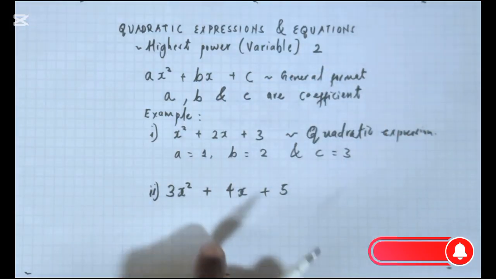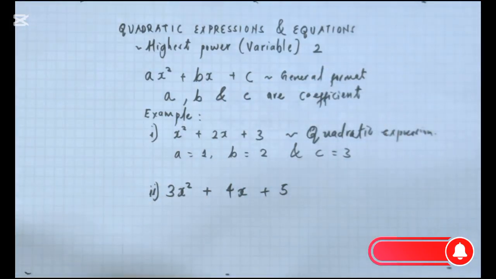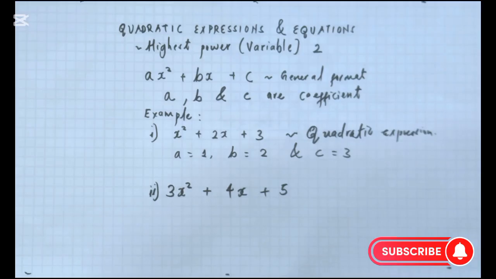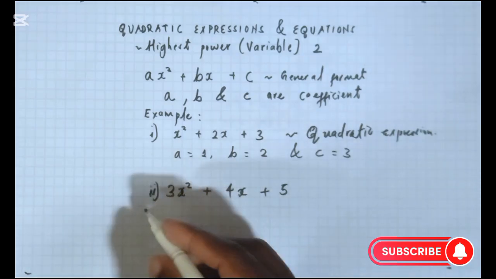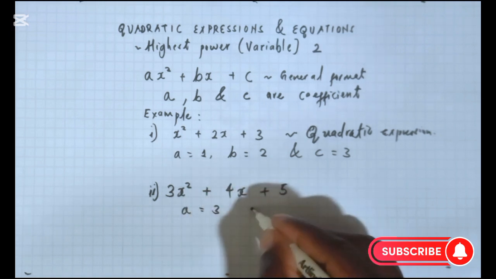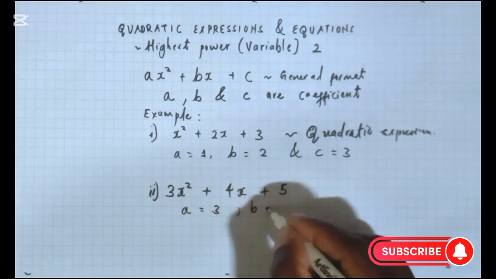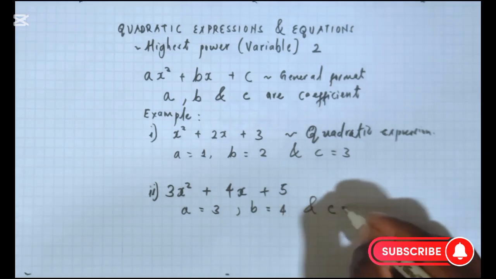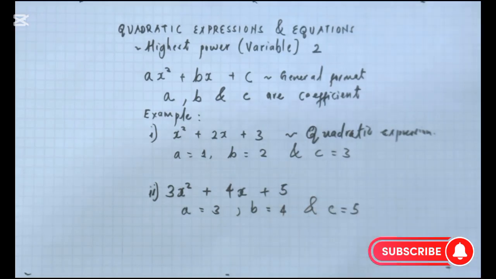All right. So it has taken that particular format. Then other than that, we have a, b, and c being represented as coefficients. So in this particular case, the value of a will be 3, the value of b will be 4, and the value of c will be 5.